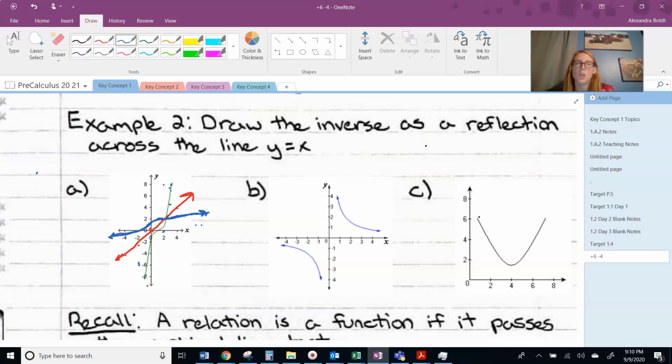Okay. Let's look at another one. Same idea. There's my line y equals x. Here this one's kind of funny because you can see how if I fold this function over, it's going to fold on top of itself.